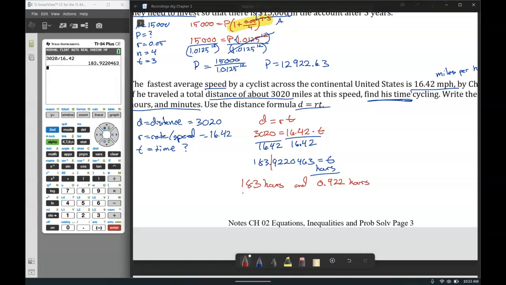So we have a whole number of hours and a partial number of hours. The partial number of hours is where we're going to get our minutes. The whole number of hours is where we're going to get our days, and anything left over will be our hours. So we're using the two different parts, the whole and the part, in order to do our conversion.